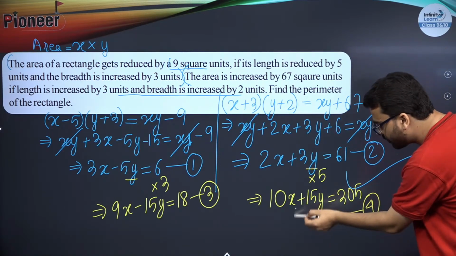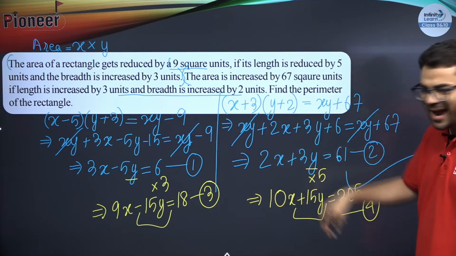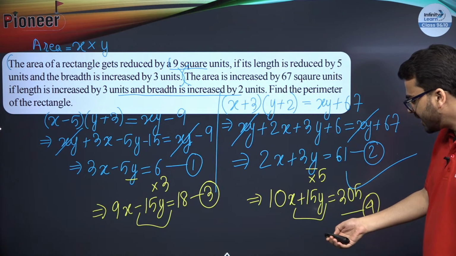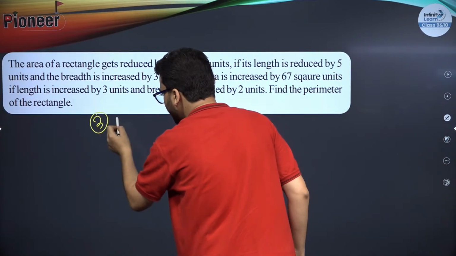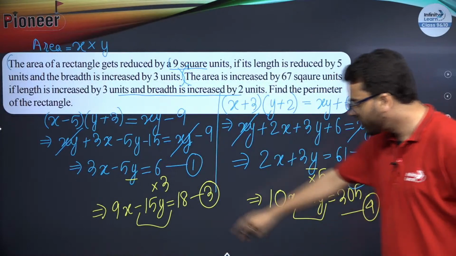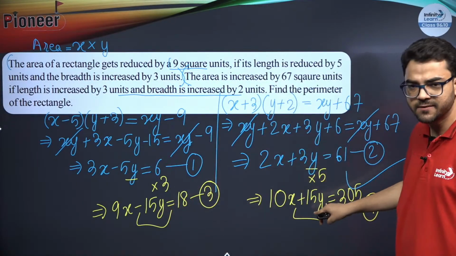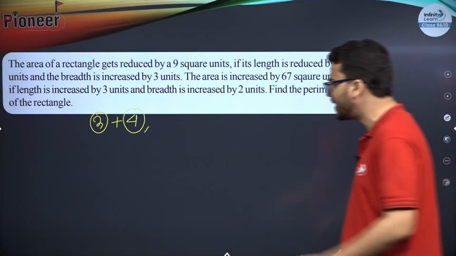Now I can eliminate y or not, plus 15y minus 15y. So what I can do, I can just add the equations, right? So I'm adding equations 3 and 4 over here. What will I get, guys? If you add, minus 15y and plus 15y will get cancelled out. 10x plus 9x will be equal to 19x, right?